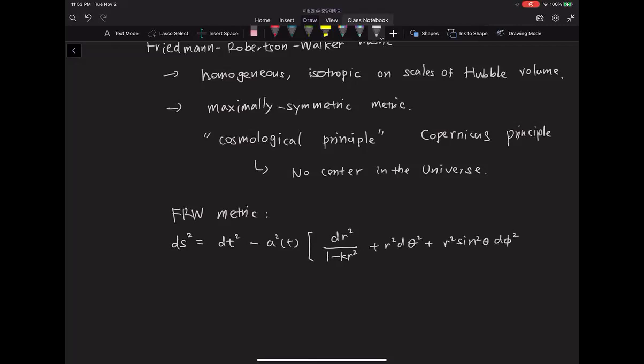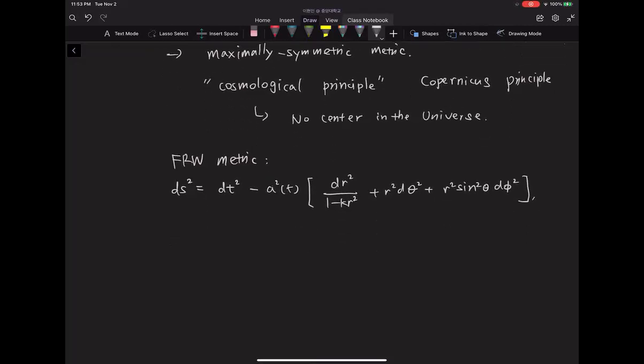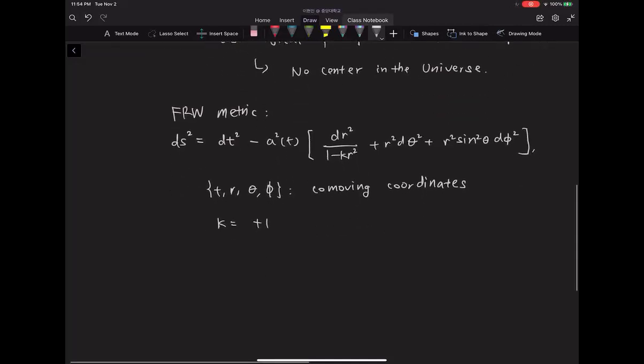So this is the metric on the homogeneous and isotropic space, and here t, r, zeta, phi are called comoving coordinates, and k is the curvature. k is a constant value.